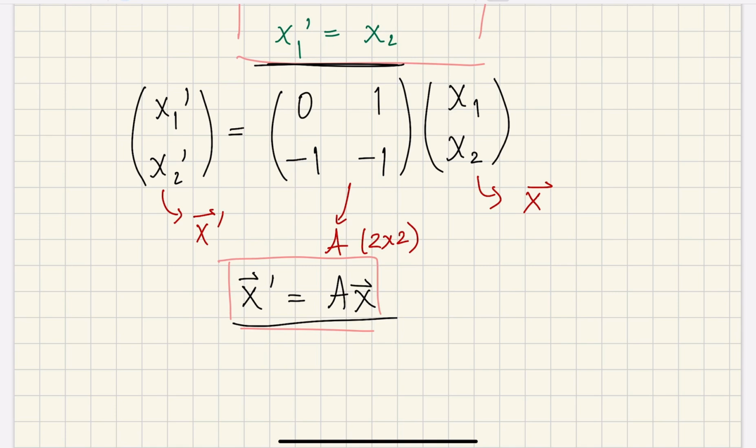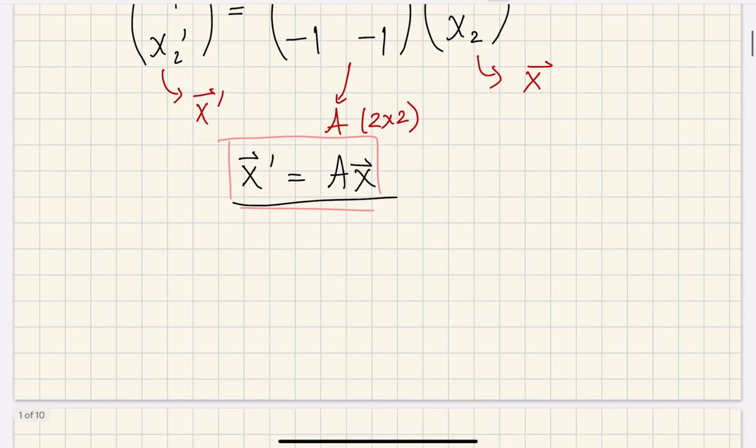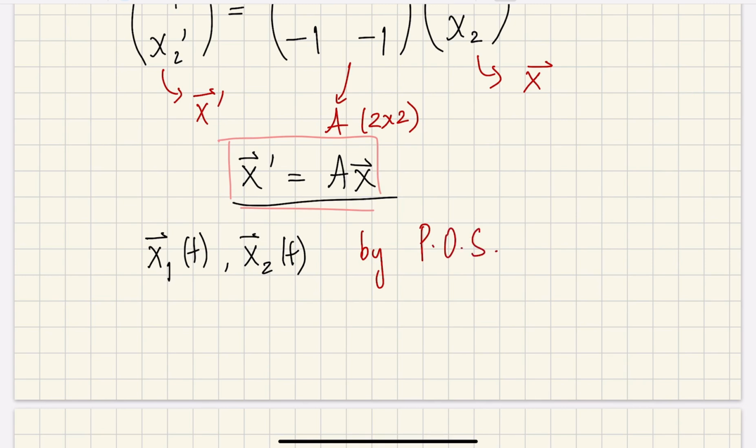Keep this rule in mind: if x1 of t and x2 of t are 2 solutions, then by the principle of superposition, b1 x1 of t plus b2 x2 of t is also a solution, where b1 and b2 are arbitrary constants.